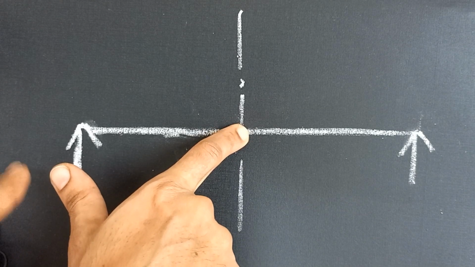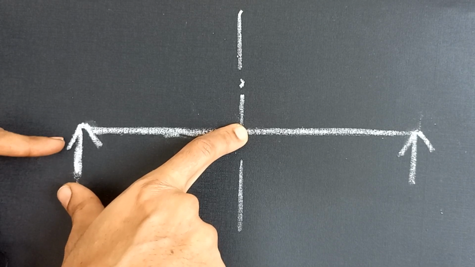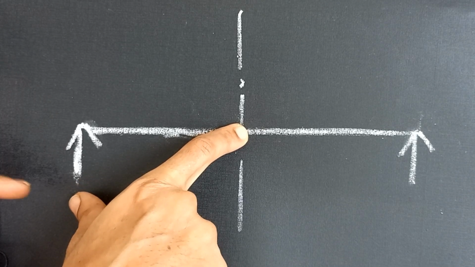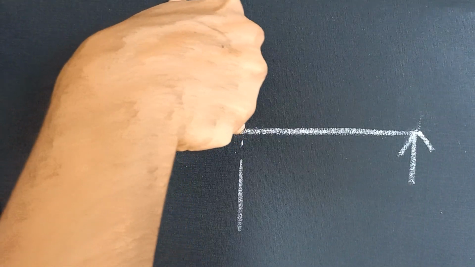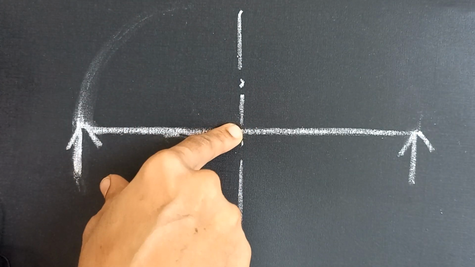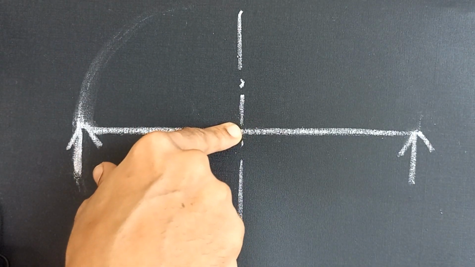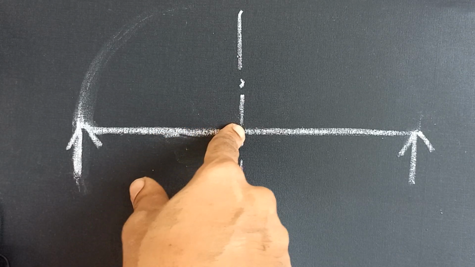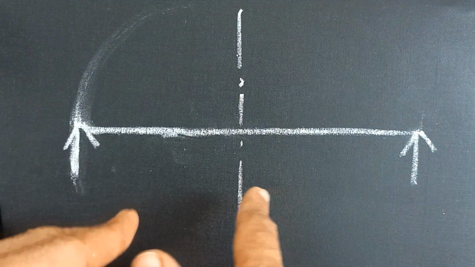Now we have to move the finger in the direction of the force. See here, this is an upward force. So move this finger in the upward direction. So you can see you will get a clockwise rotation here. So we can take the shear due to this load as a positive one.